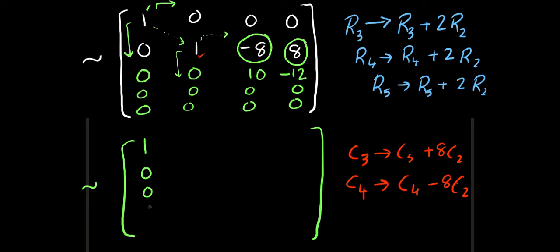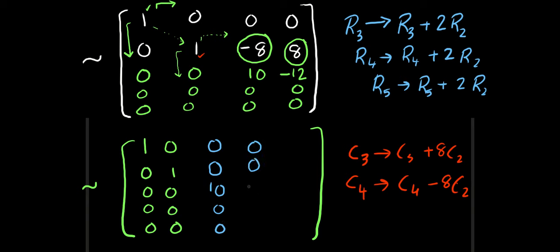So I'm going to write 0 0 and 0 1 0 0 0, and now it's going to change. So the values are 0 and then of course 0 and no change, 0 0 and again 0 0, minus 12 and 0 and 0.